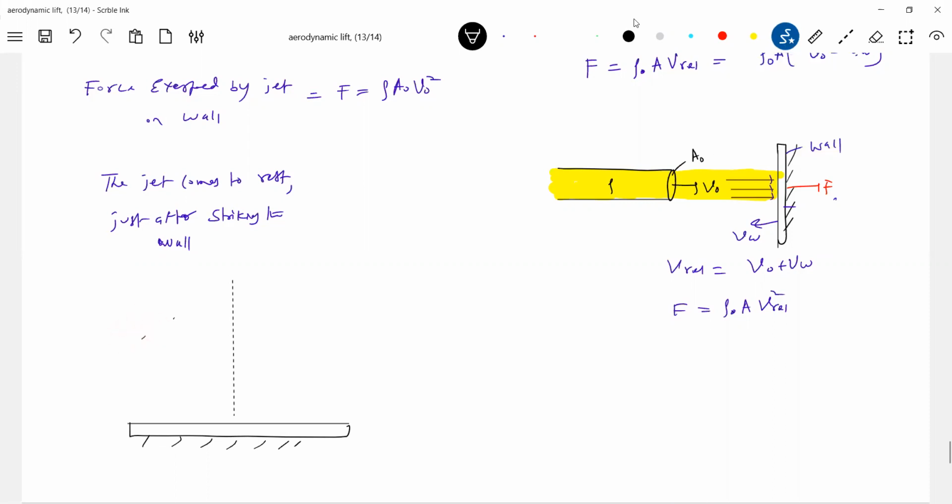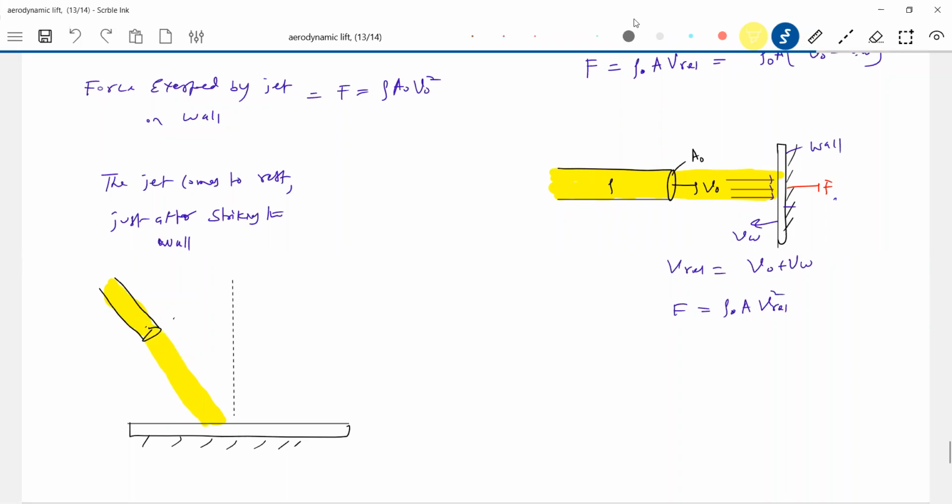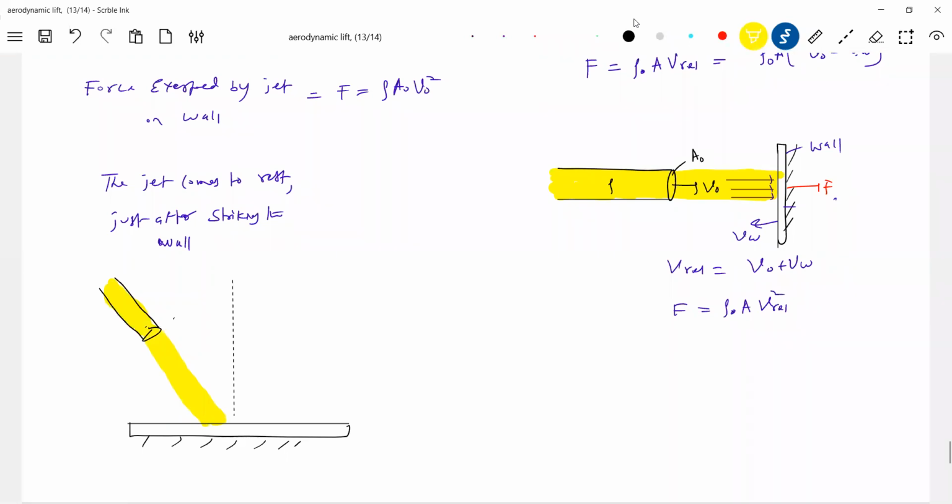Last one more: if the same thing comes at an angle. I think it's quite natural, no? Sometimes we hold a pipe. I'll go for a better diagram.